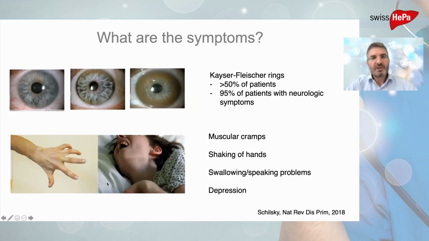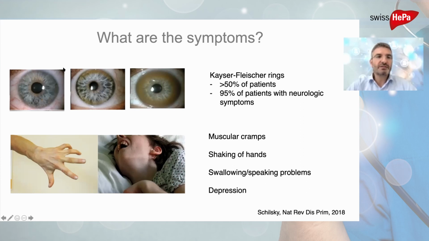And the signs that we can see are, as I mentioned before, the Kaiser-Fleischer ring. More than 50% of the patients develop them, and 95% of patients also have neurologic symptoms.